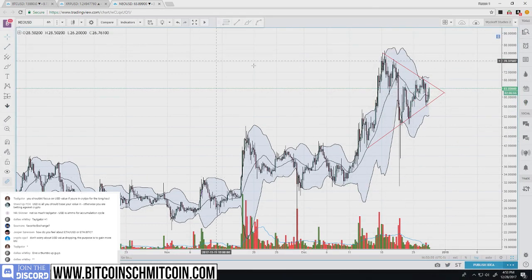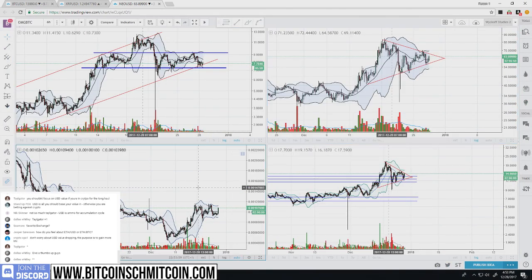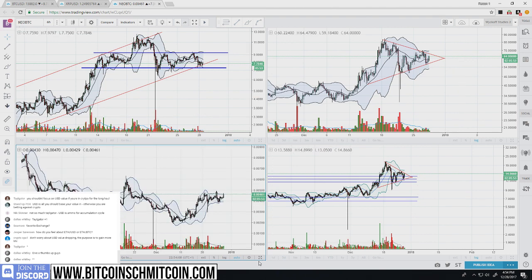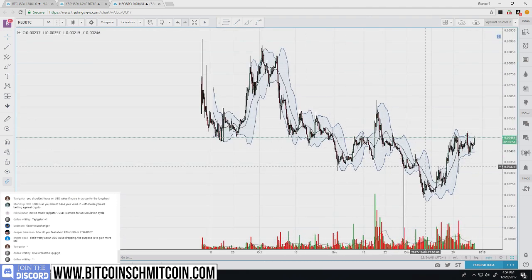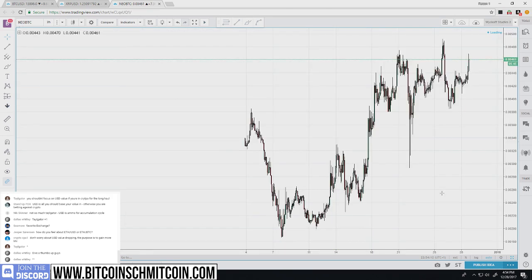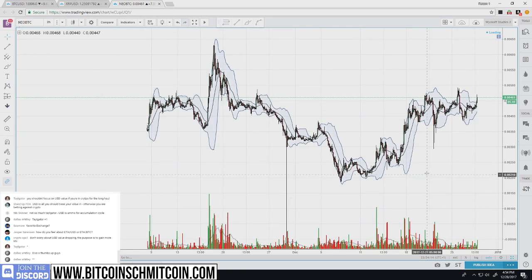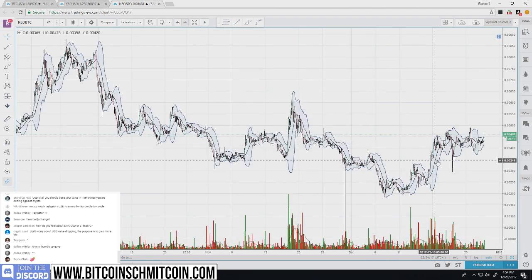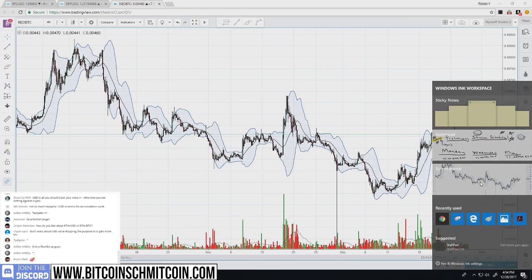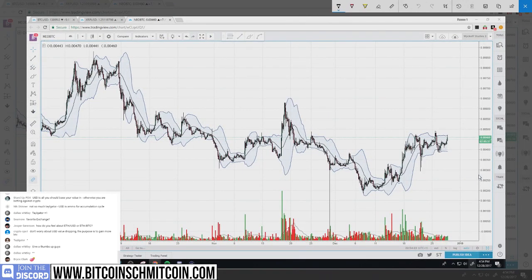And if we look at its BTC pair, we're going to see the same thing. It's crazy, right? NEO BTC. Let's look at the 120-minute view. Just like OMG did, it looks damn near identical to OMG here.